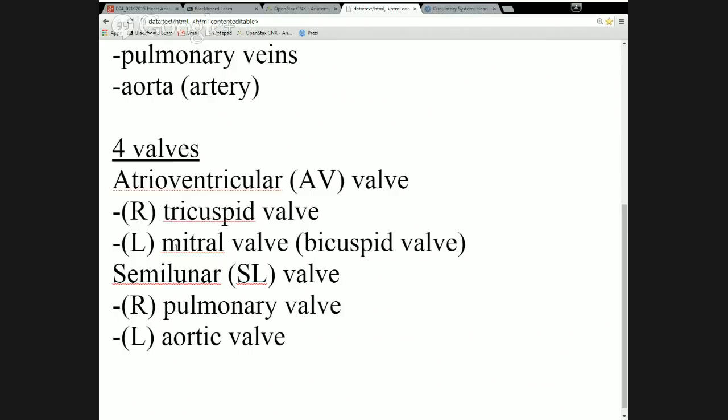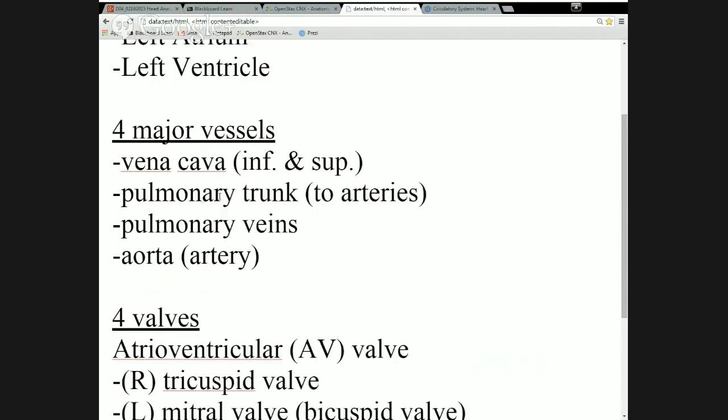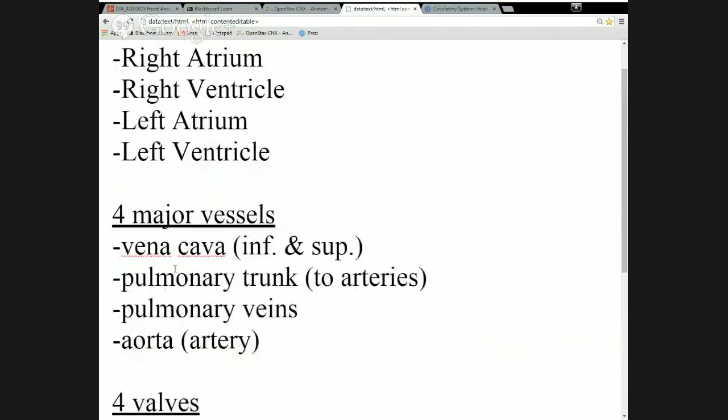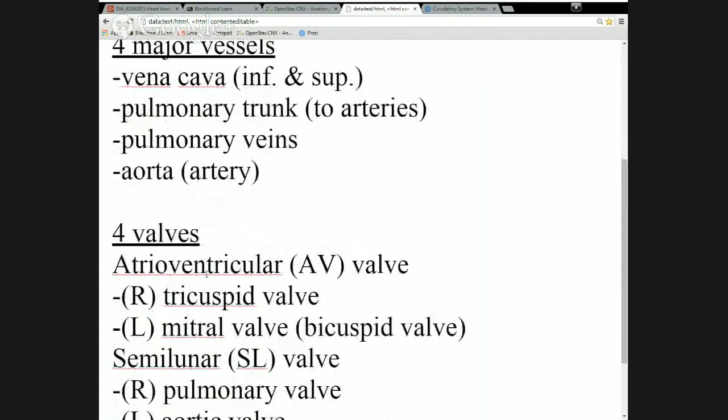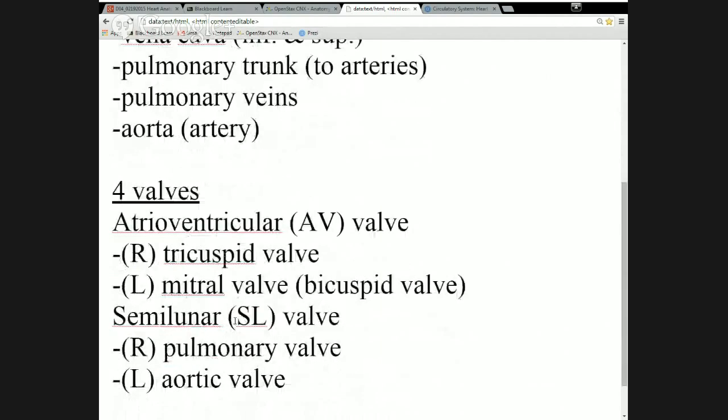The mitral valve is between the left atrium and the left ventricle, and the aortic valve is between the left ventricle and the aorta. Okay. So the order in the valves here doesn't match the way that I've ordered the chambers or vessels, just because I wanted to stress the AV versus semilunar valve classification.